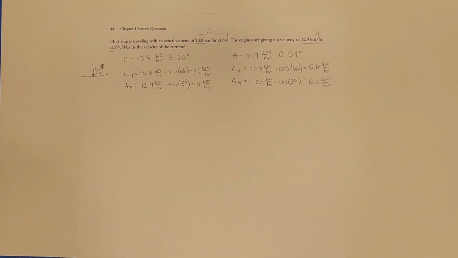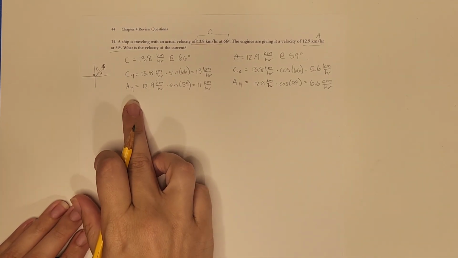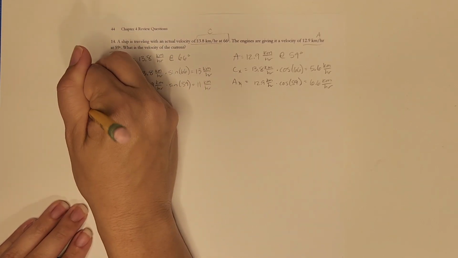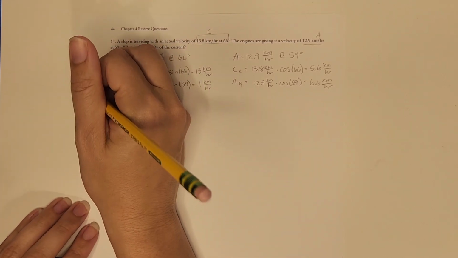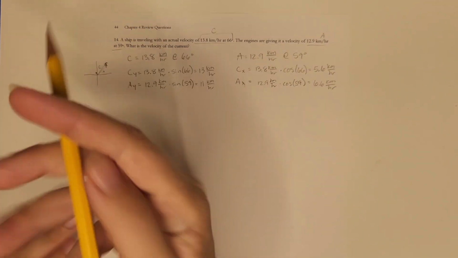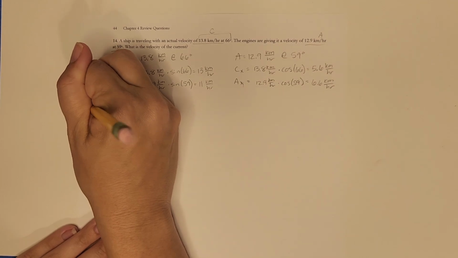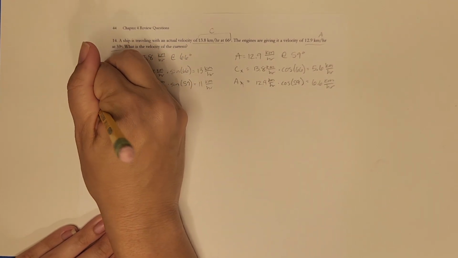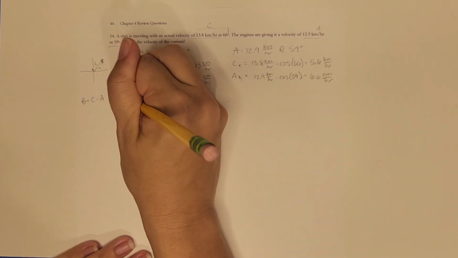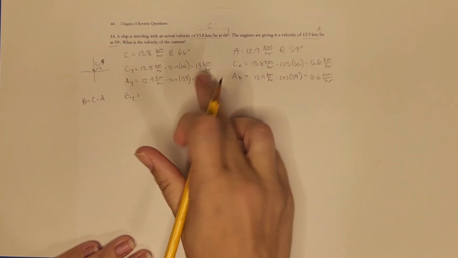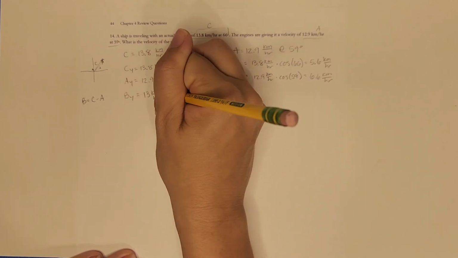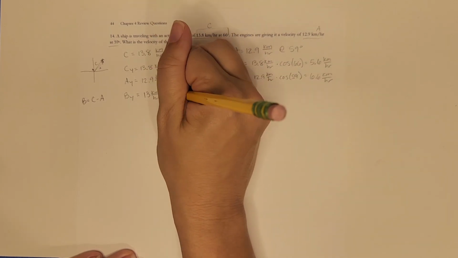So now we're going to determine what the B y and x values are. And so just remember that C equals B plus A. And so to get B, we're going to do B equals C minus A, okay? So for BY, we're going to have 13 kilometers per hour minus 11.